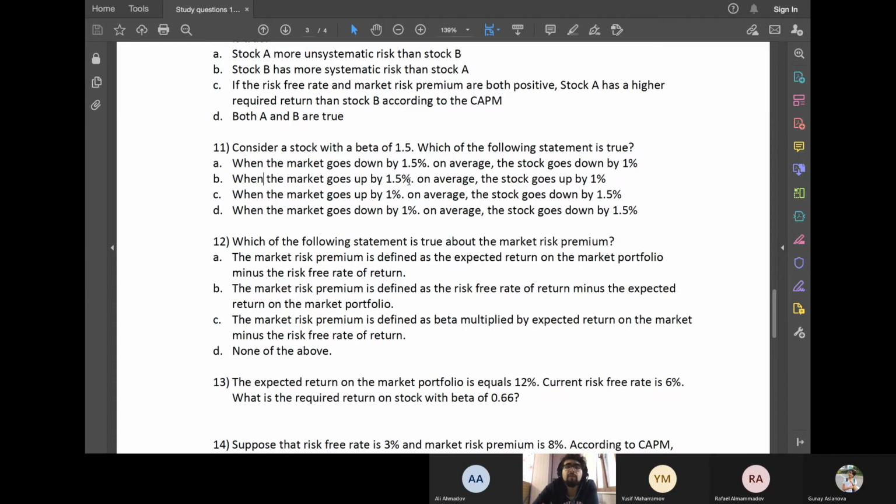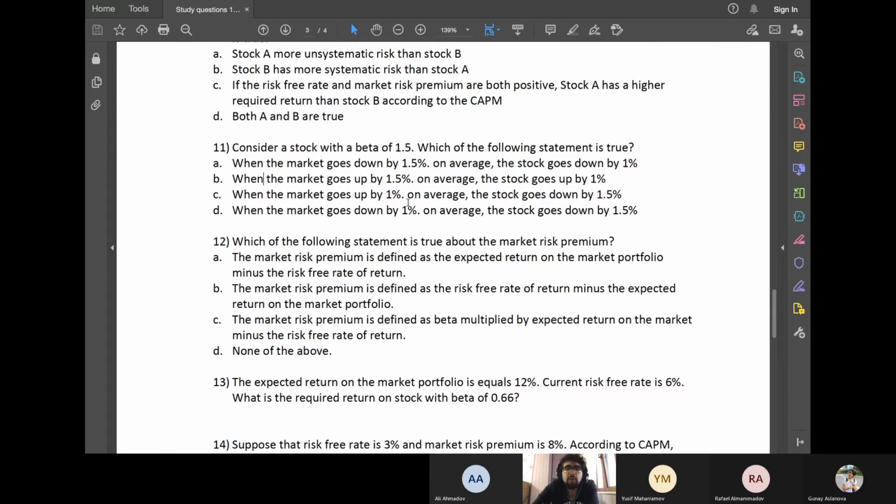When the market goes up by 1.5%, on average, the stock goes up by 1%. It is also not true because the stock has a beta of 1.5. It should be that when the market goes up by 1%, the stock goes up by 1.5%.